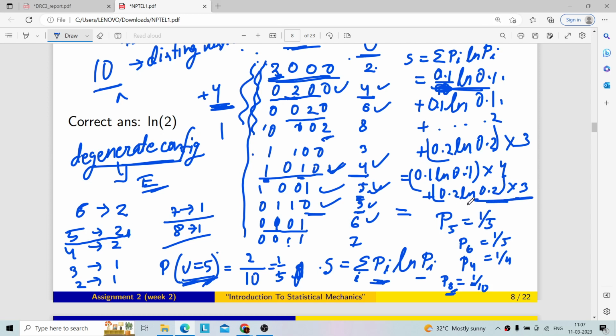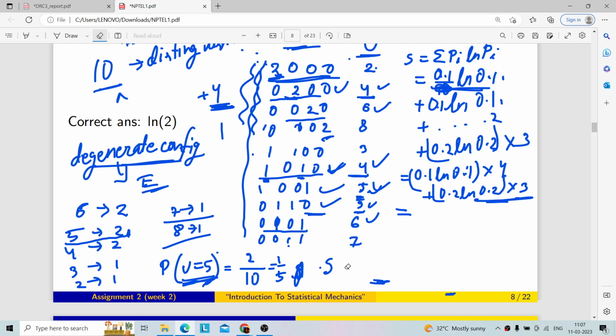Does anyone have a calculator? Can someone calculate this and tell me the number? Let me calculate. It's coming around minus 1.88.